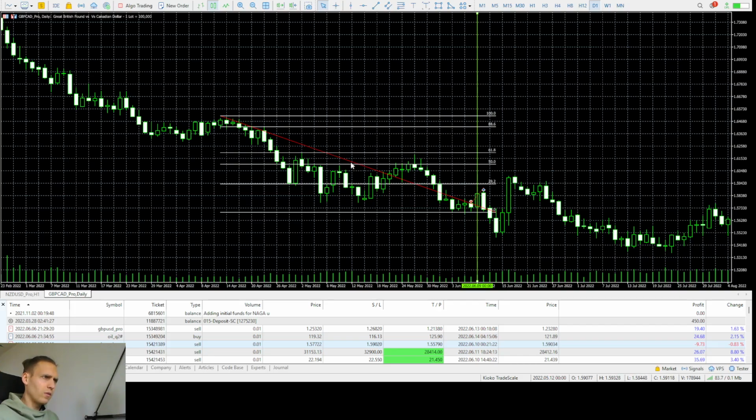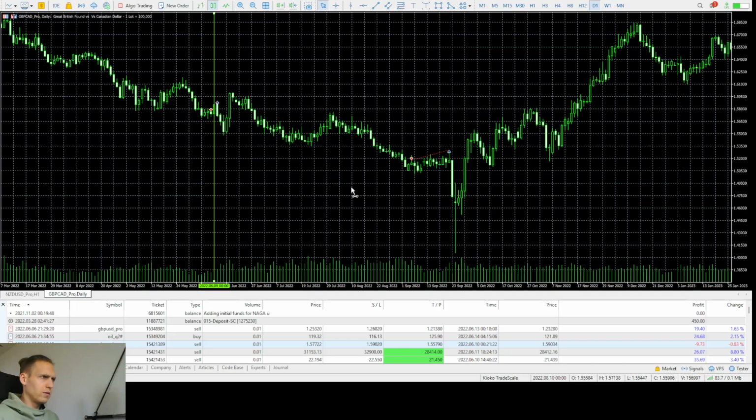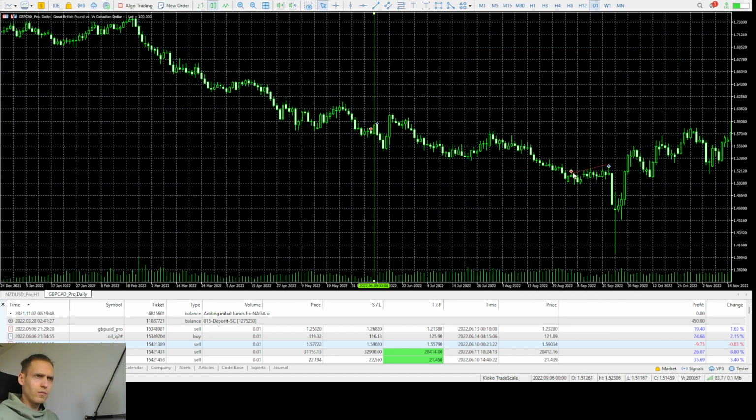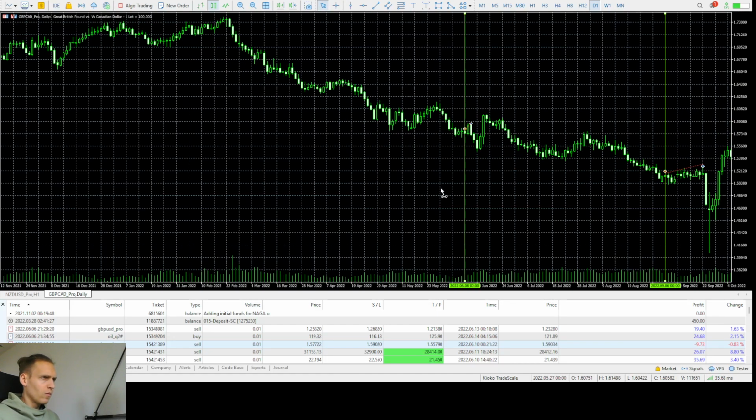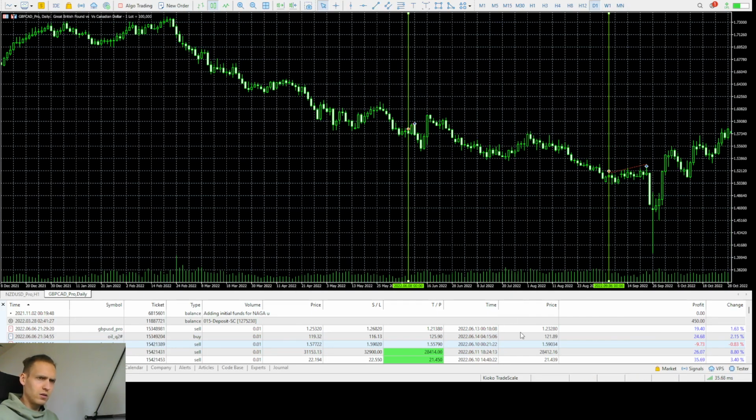It's the only way I can look at this. But the pullback was too shallow. I was hoping for it to go down in a straight line, and the stop loss was too small.